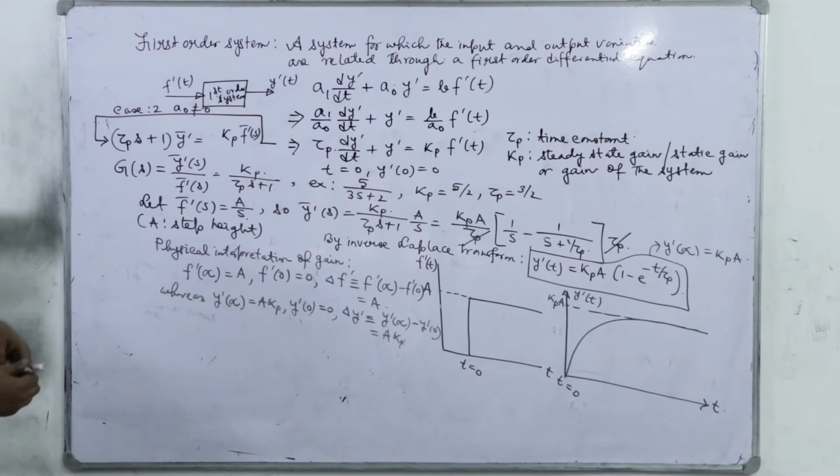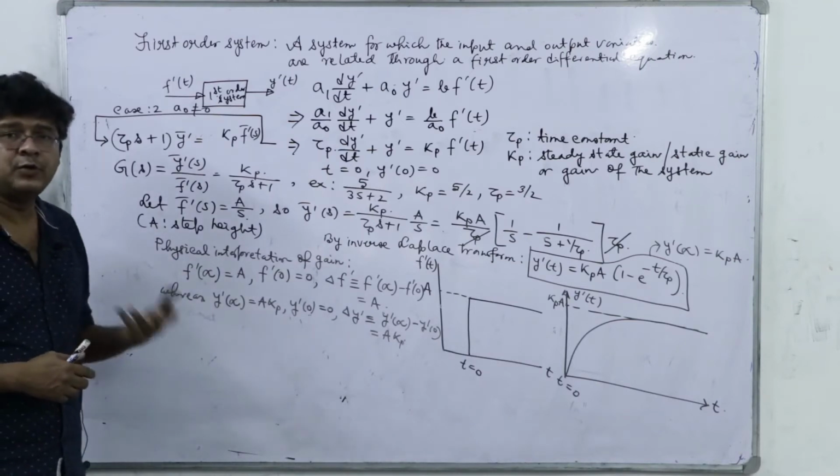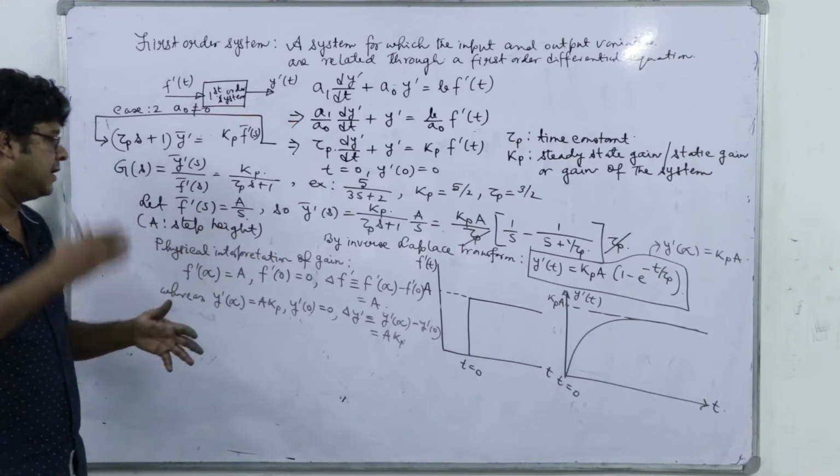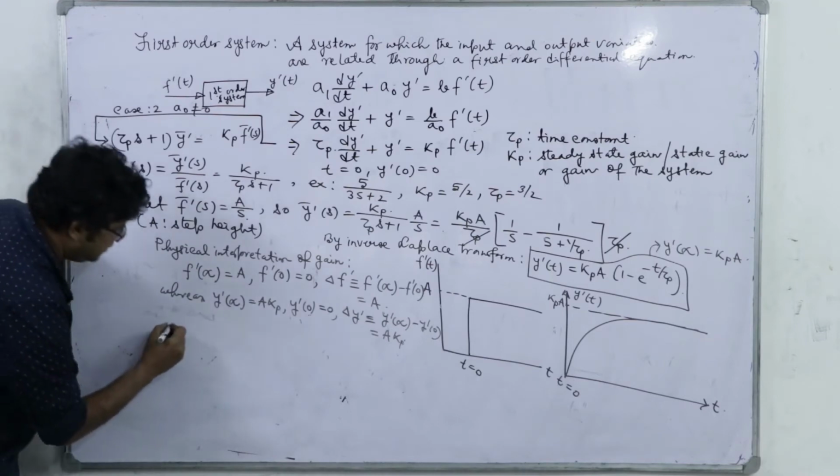So essentially the ratio of the change of output to the change of input between the two initial and final states, right?